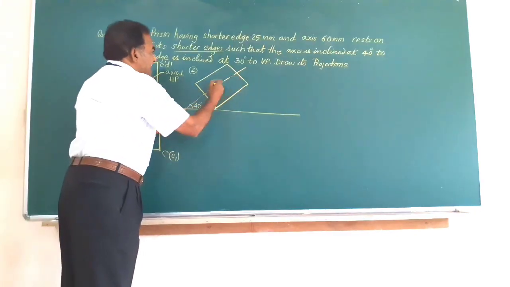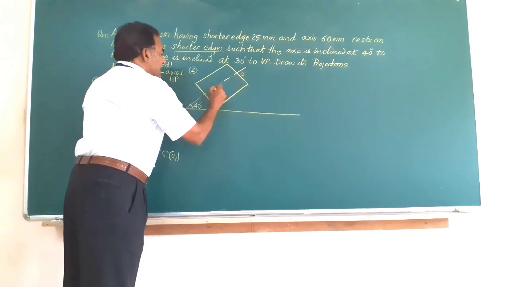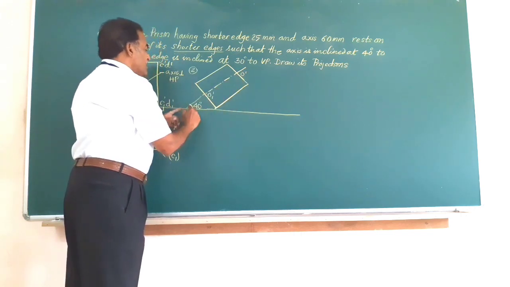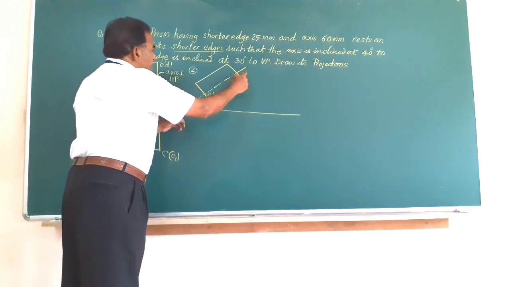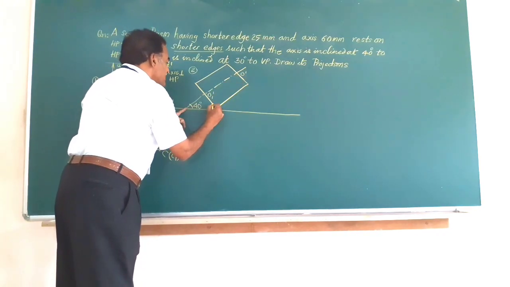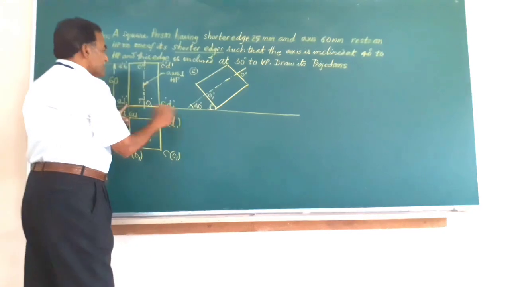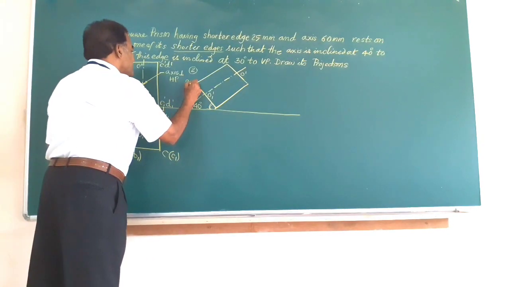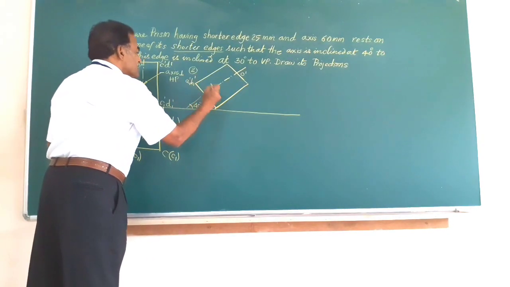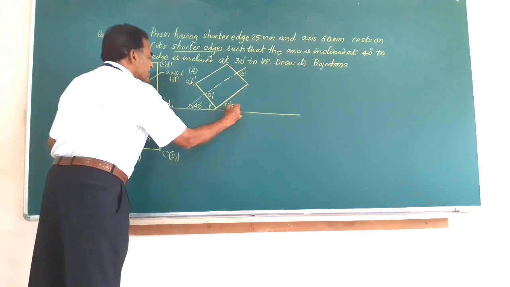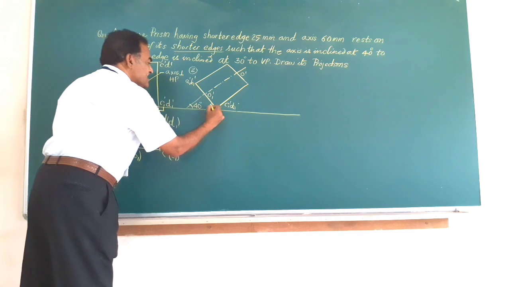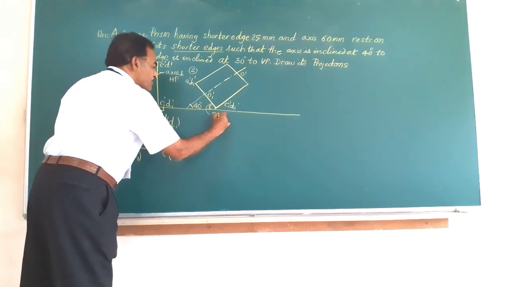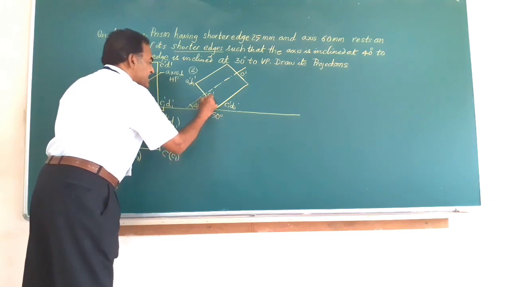He says the axis O dash, O1 dash should be at an angle of 40 degrees to HP. So if the axis has to make an angle of 40 degrees, the base of the solid represented by A1 dash, B1 dash, C1 dash, D1 dash should make an angle of 50 degrees. This angle is 50 degrees because this is 90 already.